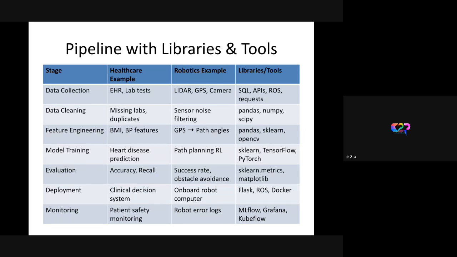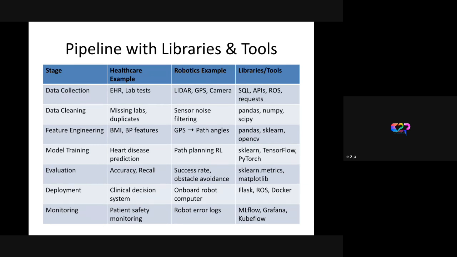Evaluation can be done using accuracy, recall, success rate, and obstacle avoidance in robotics. Accuracy and recall are the basic metrics used in healthcare examples, with sklearn metrics and matplotlib.